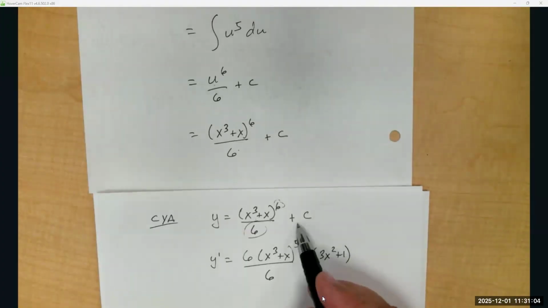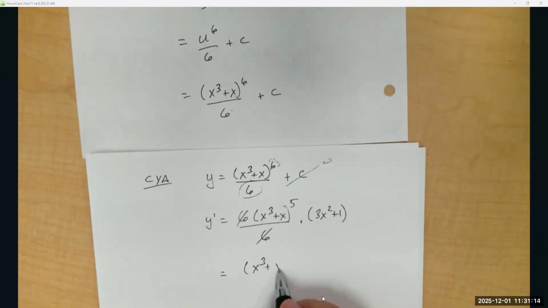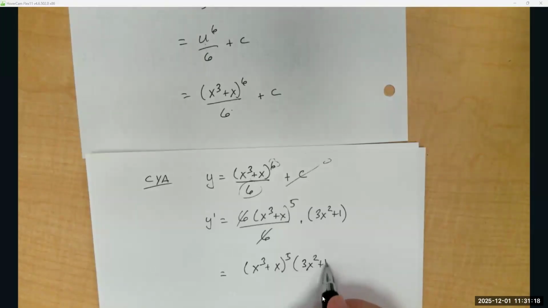The derivative of c goes to 0. So the 6 is canceled. (x cubed plus x) to the 5th times (3x squared plus 1).